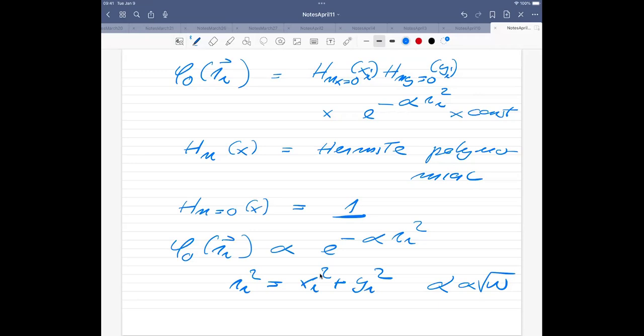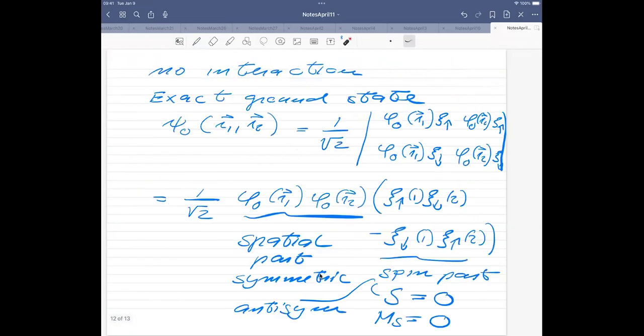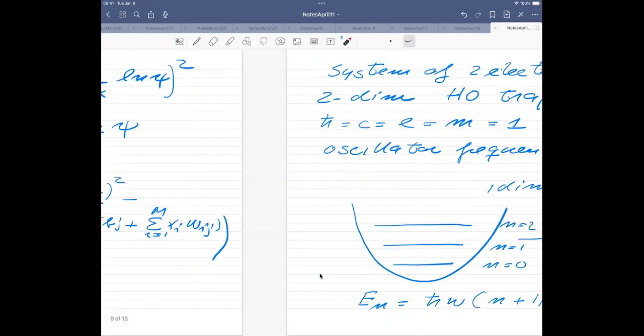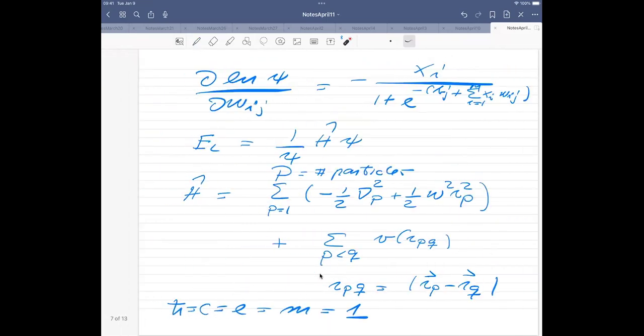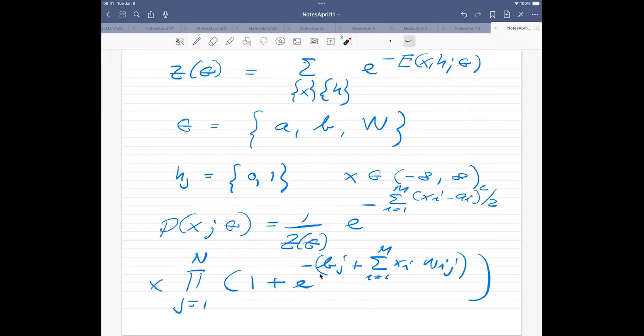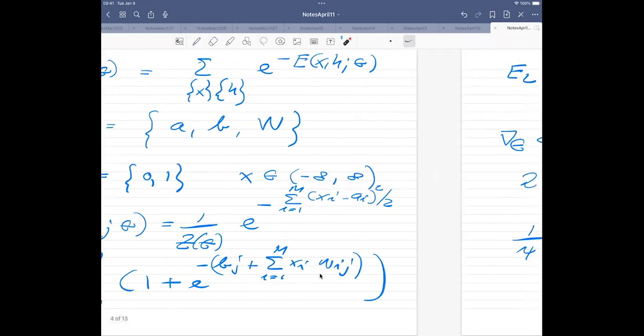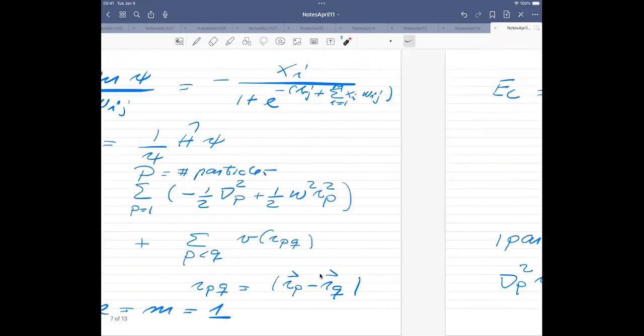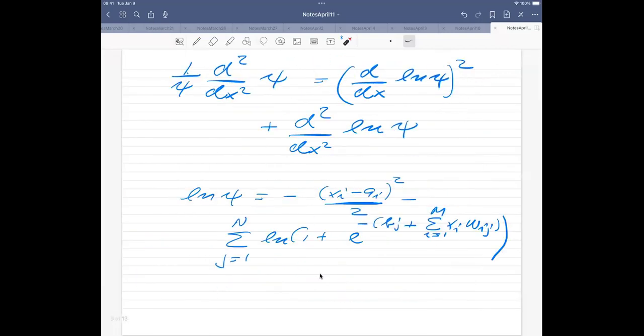So the trial wave function, if you now go back to what we discussed in terms of the Boltzmann machines: if I have this as a trial wave function, and I go back to the Boltzmann machine which we discussed before the break, and look at the trial wave function which we put up, that trial wave function has a term which goes like xi squared. So we have a kind of basic property of the ansatz for the ground state for every single particle here.